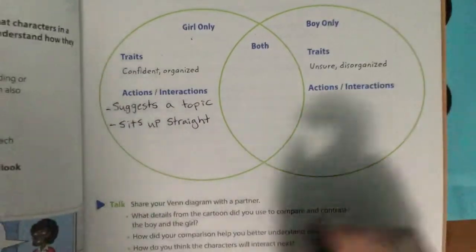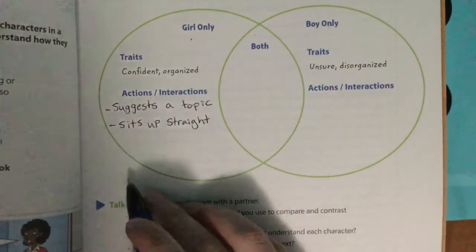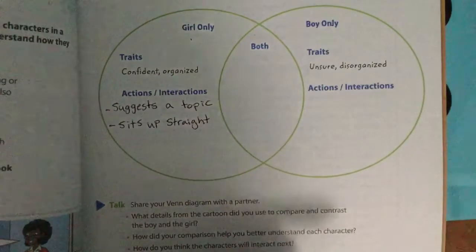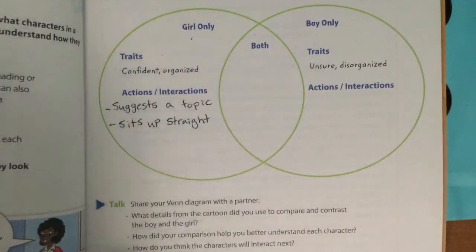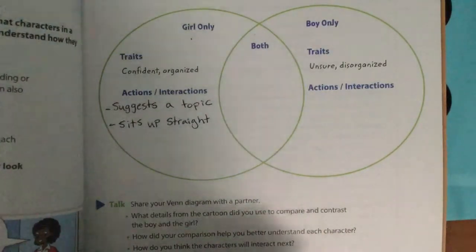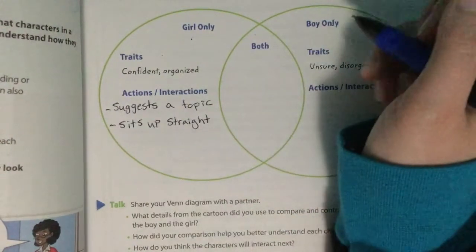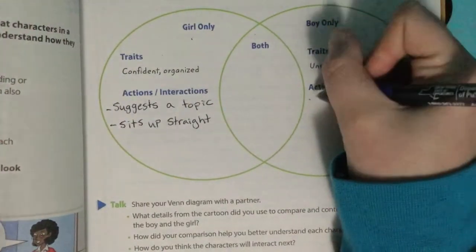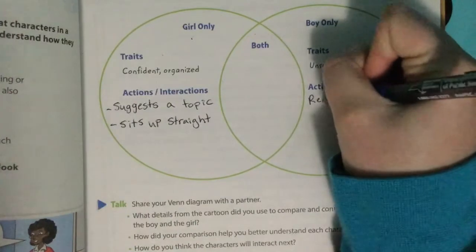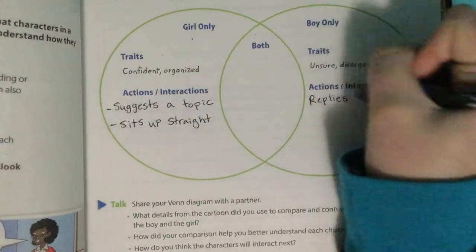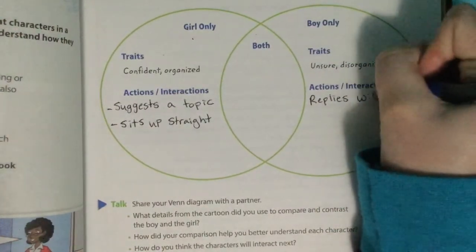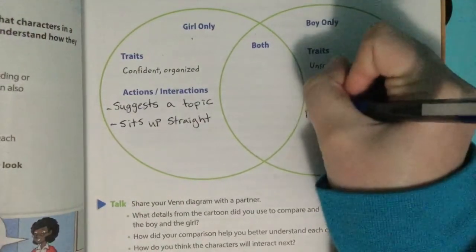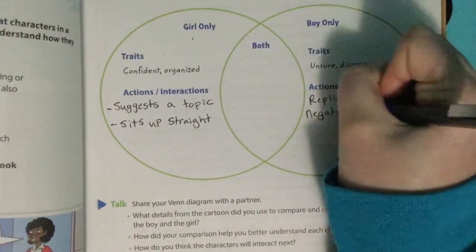Now the boy, he's kind of doing the opposite. The girl said, I think we should research penguins. What do you think? The boy said, I'm tired of doing work. So he replies with a negative comment.